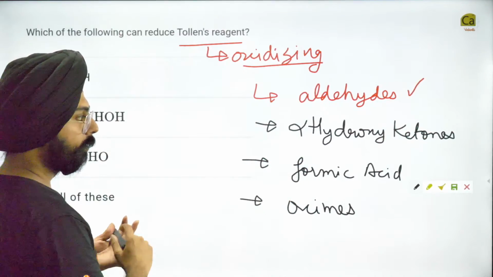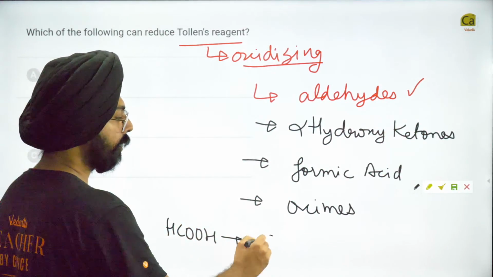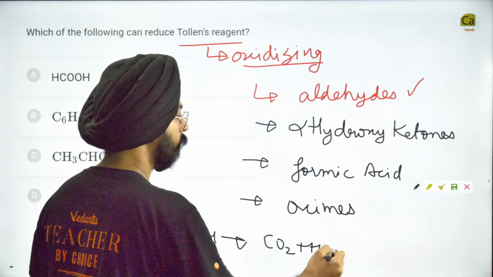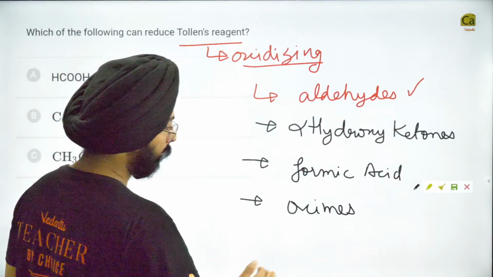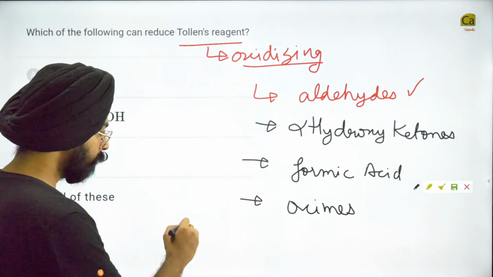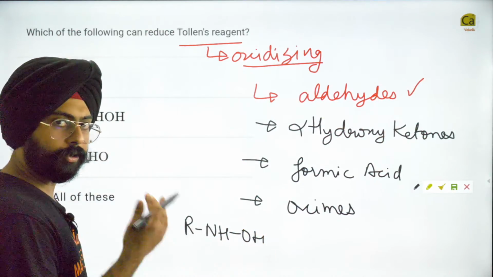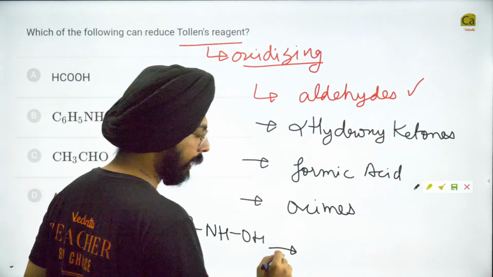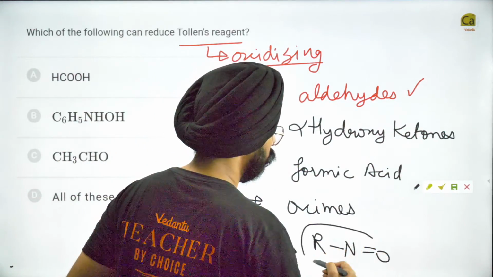Formic acid, your HCOOH, is essentially converted to CO2 plus H2O using Tollens reagent. Then you have oximes. Oximes, my dear friends, are NHOH, something like this. Yeah. So these guys are also converted to R N double bond O.